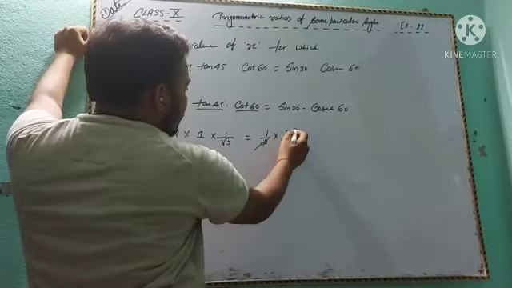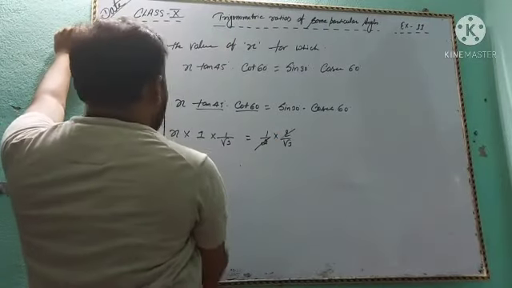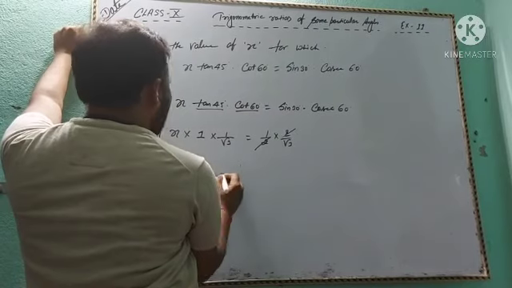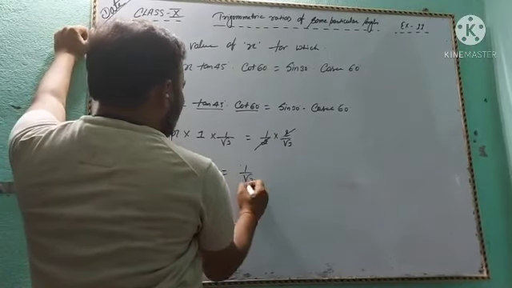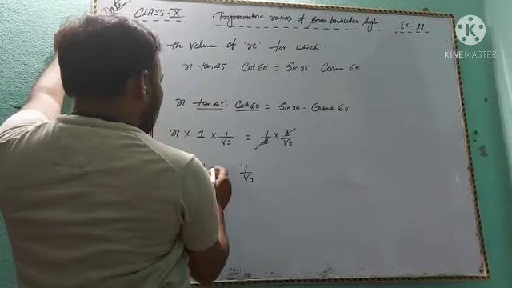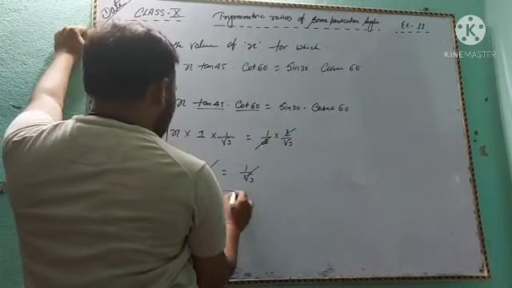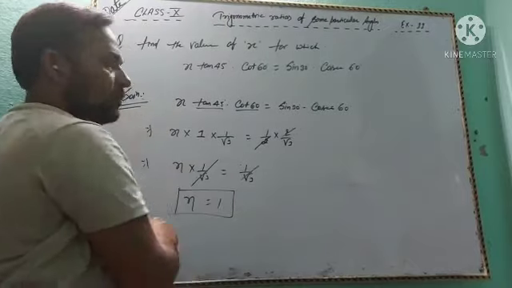So here 2 is cancelled. Okay, this implies x multiply 1 by root 3 is equal to 1 by root 3. Okay, so 1 by root 3, 1 by root 3 is cancelled. That is the value of x is equal to 1.